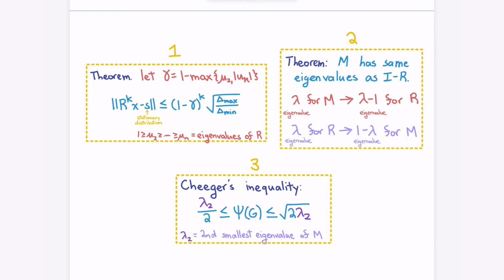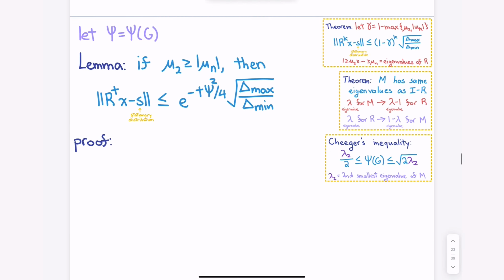Working that backwards, is there a connection between the conductance of a graph and the rate at which a random walk will mix? That's what we'll prove next time.